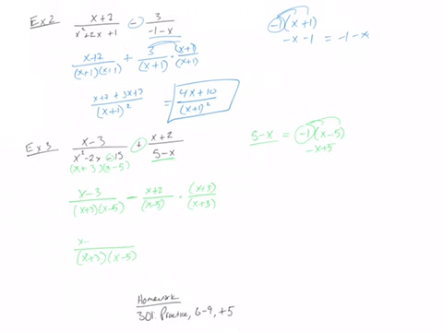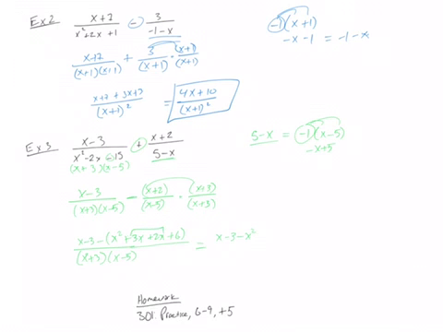Up here I'm going to have an x minus 3 minus, and I'm going to go ahead and FOIL these out. It's going to be x squared plus 3x plus 2x plus 6. It's getting a little long here. So it's going to be x minus 3 minus x squared.